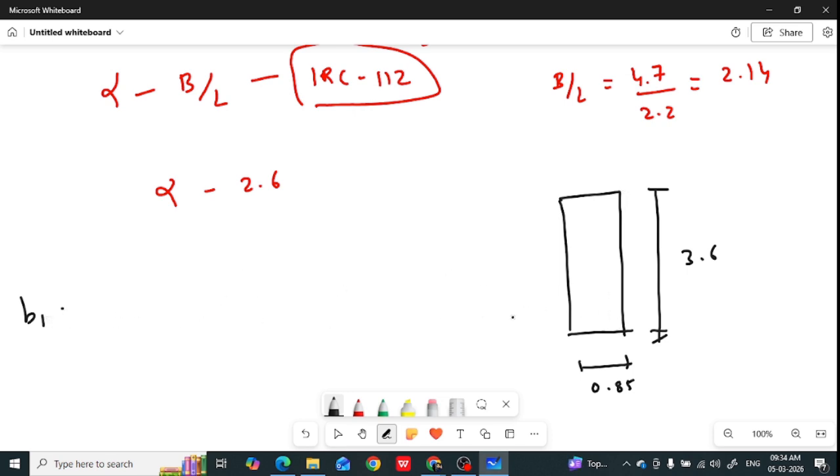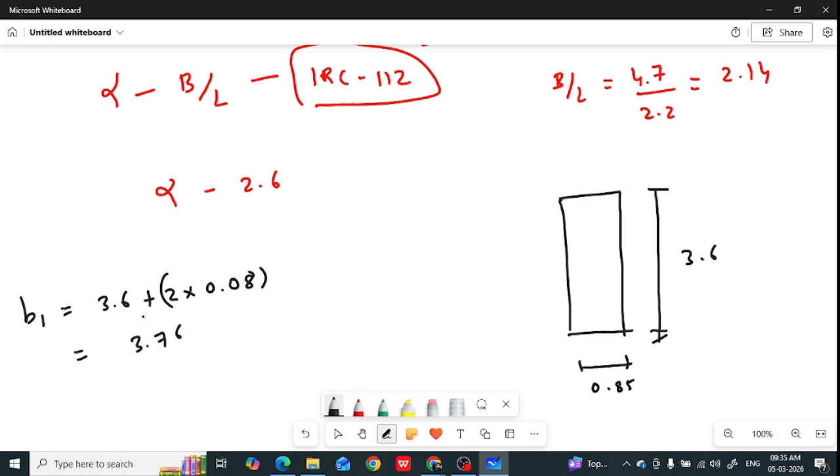So B1 is the dispersion of the lateral dimension of the track up to the wearing coat. Up to the wearing coat means 3.6 plus 2 into 0.08, so you are getting B1 as 3.76.